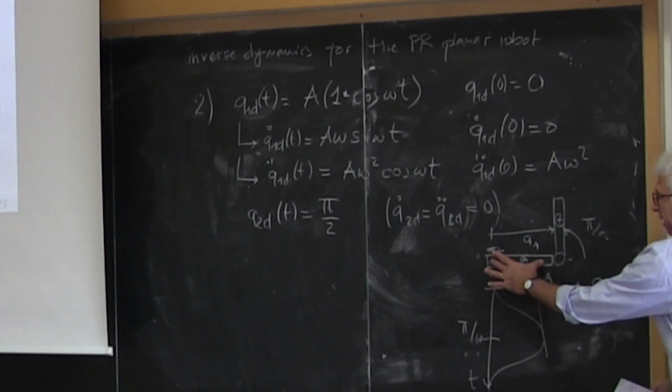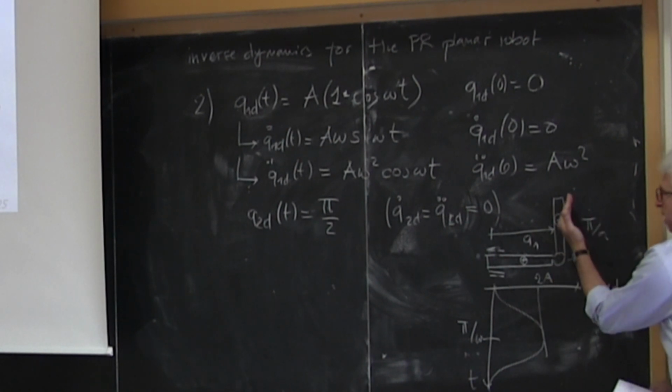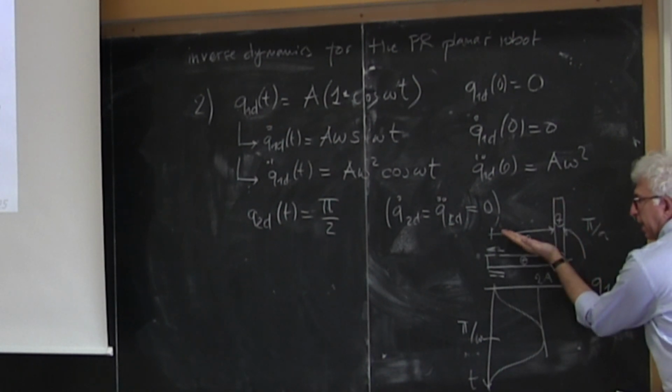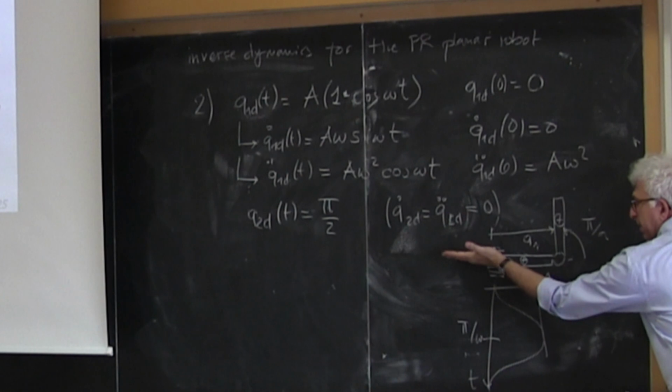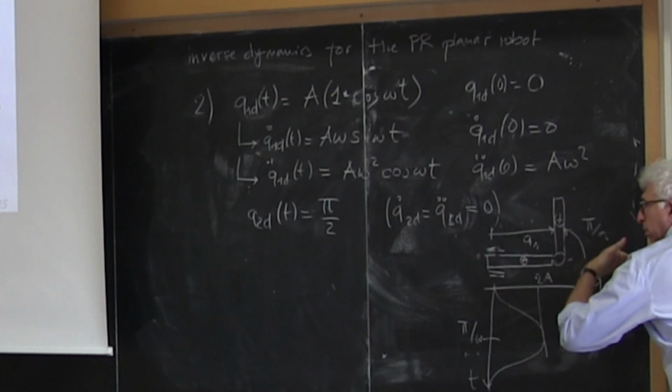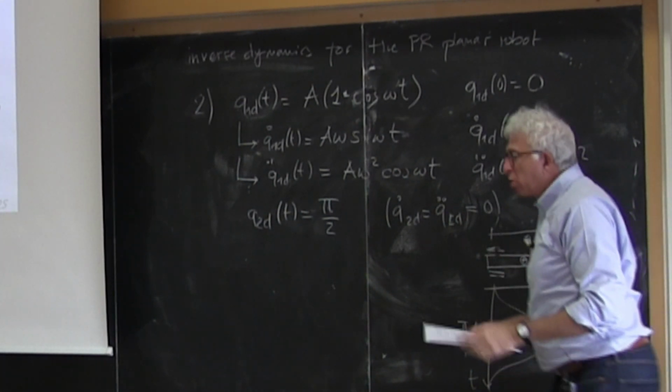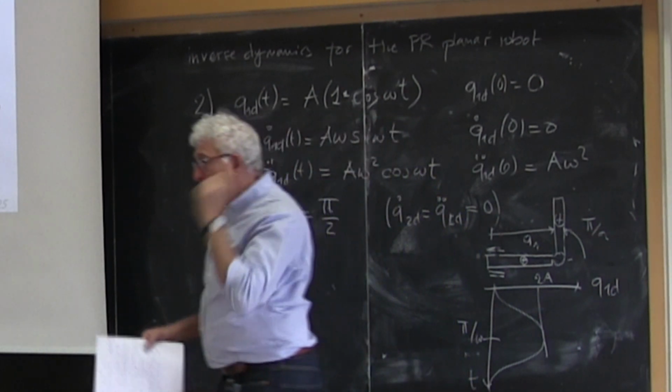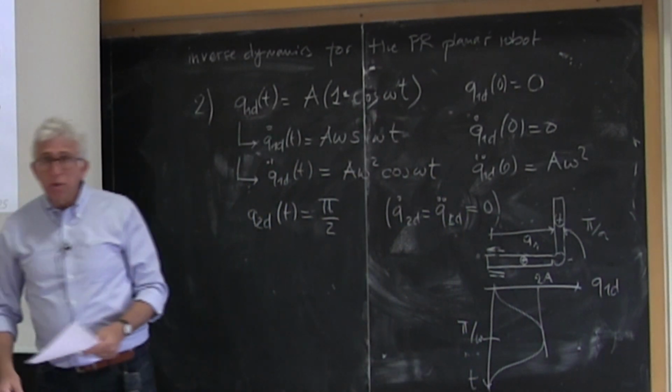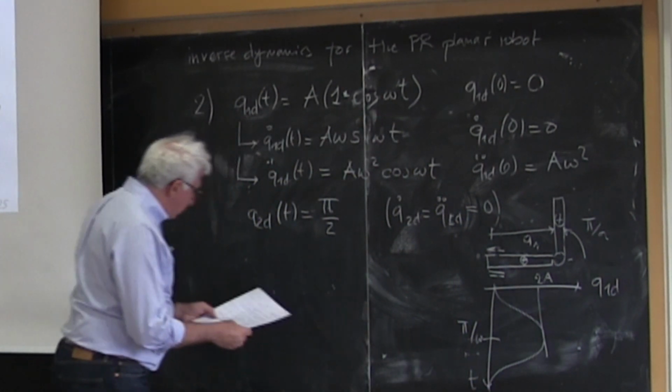You can imagine if I accelerate, this link will tend to fall in this direction. If I accelerate in the other direction, this will tend to fall in the other direction. So we need to apply some torque to keep this type of equilibrium.